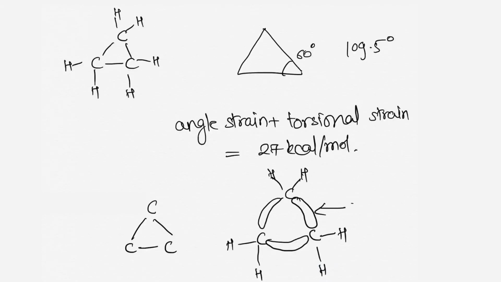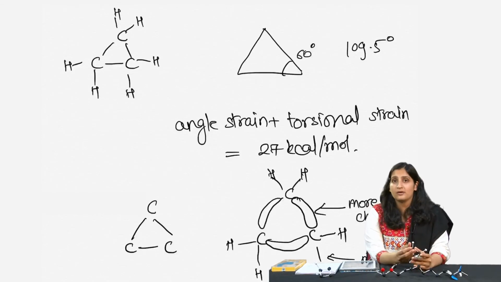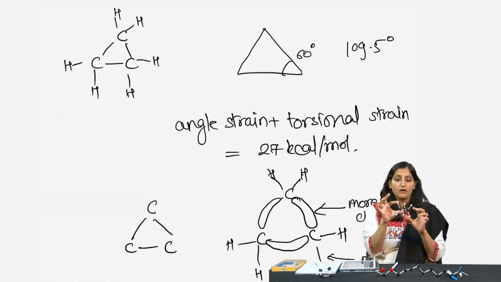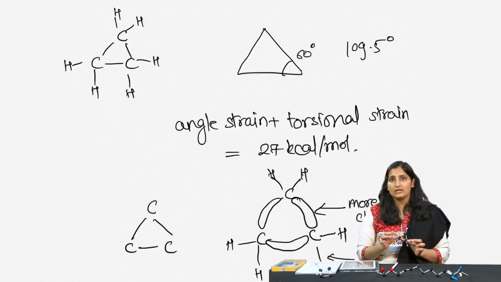Okay, so, I will say the CC bond has more P character and the CH bond has more S character. This is evident in the spectroscopic data of cyclopropane, wherein we observe that the CH bonds of cyclopropane are more dense than any other CH bonds.